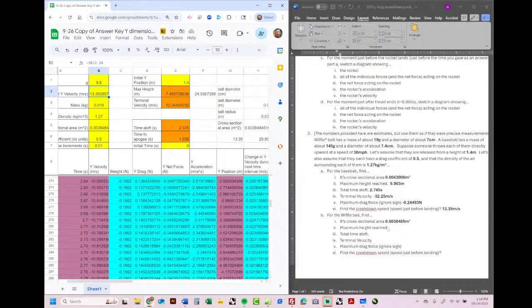All right, so the maximum height reached is 7.48 meters. So 2 meters shorter. And the time aloft is 2.375 seconds.